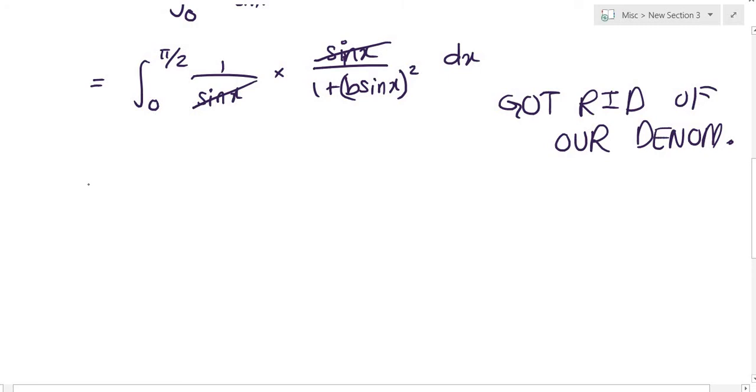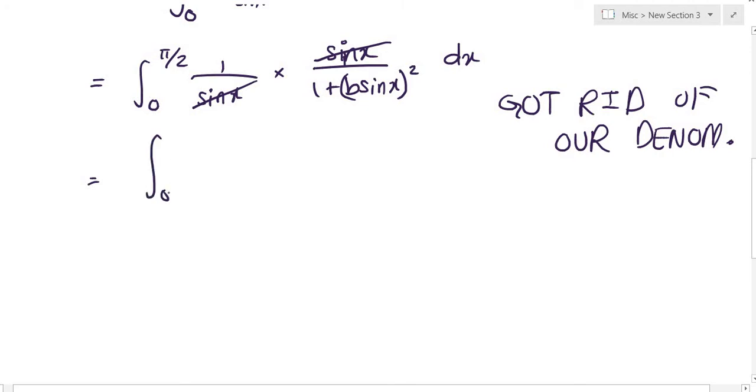The Leibniz rule of differentiating under the integral sign is very useful when we want to get rid of our crazy maddening denominator, even if we only had a single x, or a complex function like the sine of x, cosine of x, stuff like that.